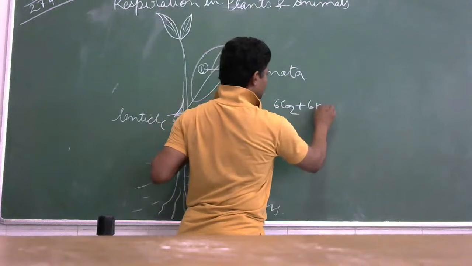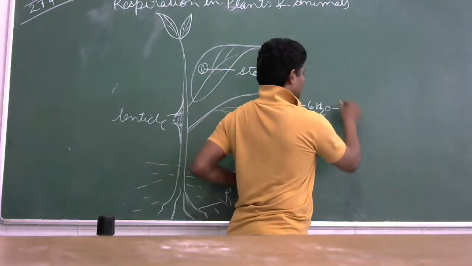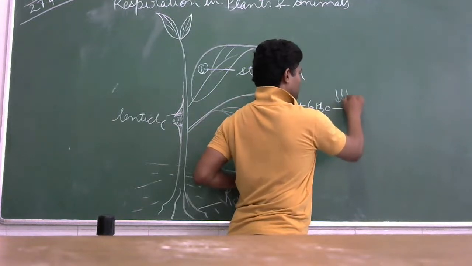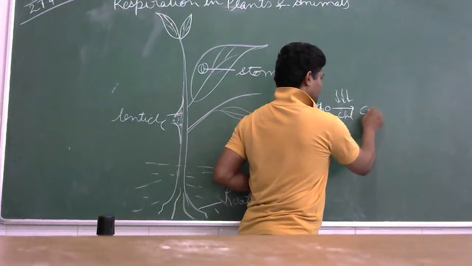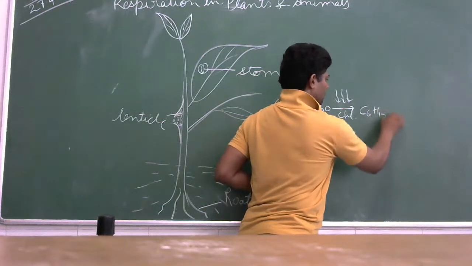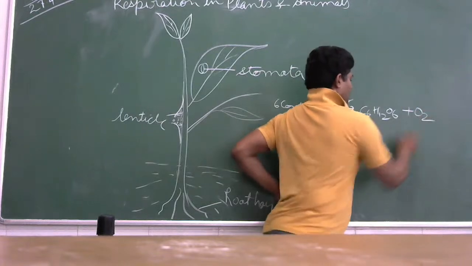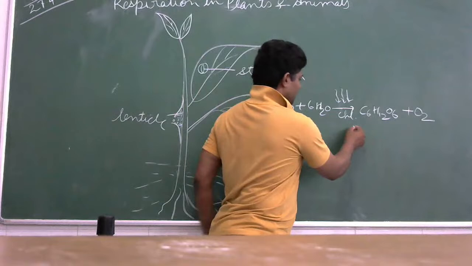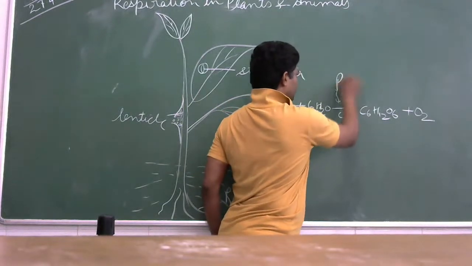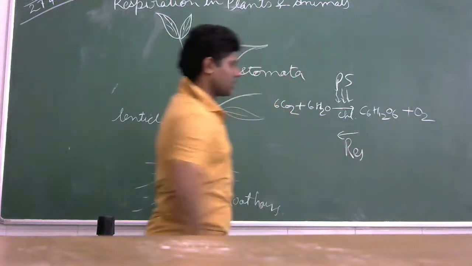6CO2 plus 6H2O, with sunlight, and the chlorophyll molecule makes glucose plus oxygen. This is the photosynthesis reaction, and respiration is just vice versa.